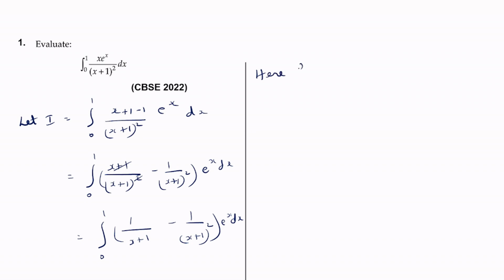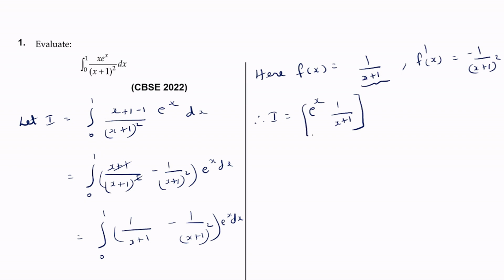Here f of x is equal to 1 by (x plus 1) and f dash of x is equal to minus 1 by (x plus 1) the whole square. Therefore, I is equal to e raised to x into f of x, that is 1 by (x plus 1), with the limits 0 to 1.